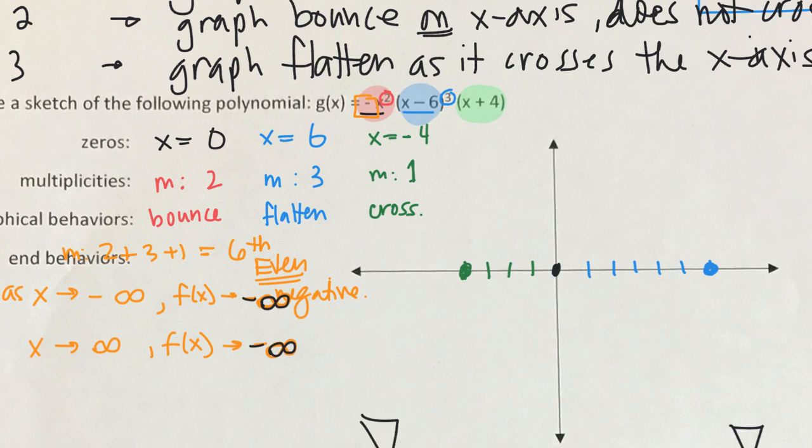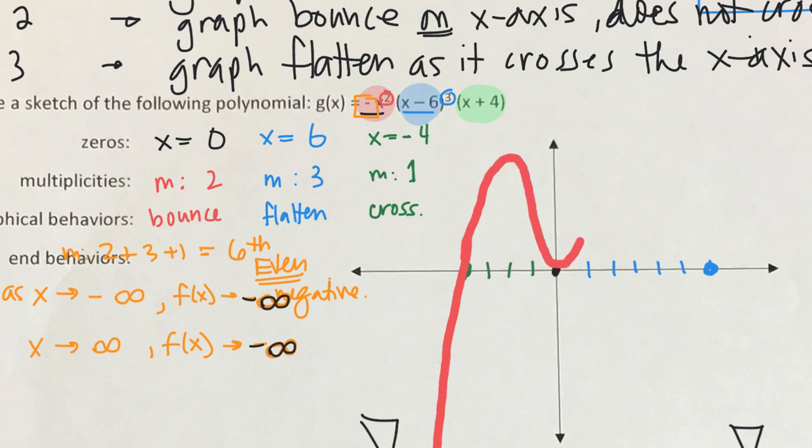The graph will cross at negative 4. So it's going to come up like this, cross at negative 4, turn around, and then bounce at 0.